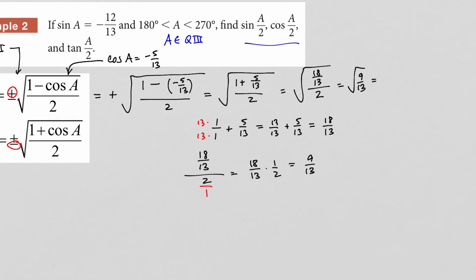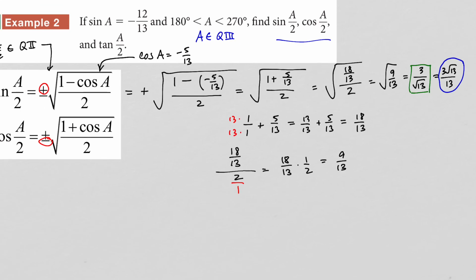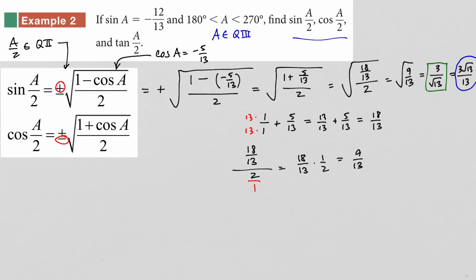And taking the square root of the numerator and the denominator, we get 3 over radical 13. And if you rationalize the denominator, you can write this as 3 radical 13 over 13. Now again, both of these answers are acceptable.